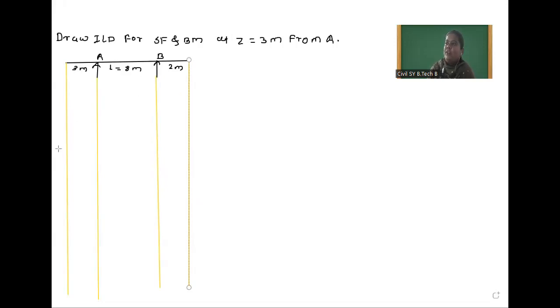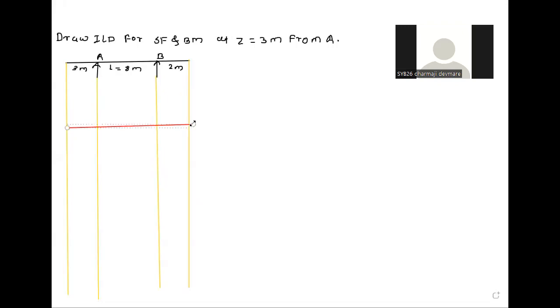At which point is the value 1, at which point is the value 0? At A the value is 1. Then at B, it is 0. Now we have to draw here ILD for RA.